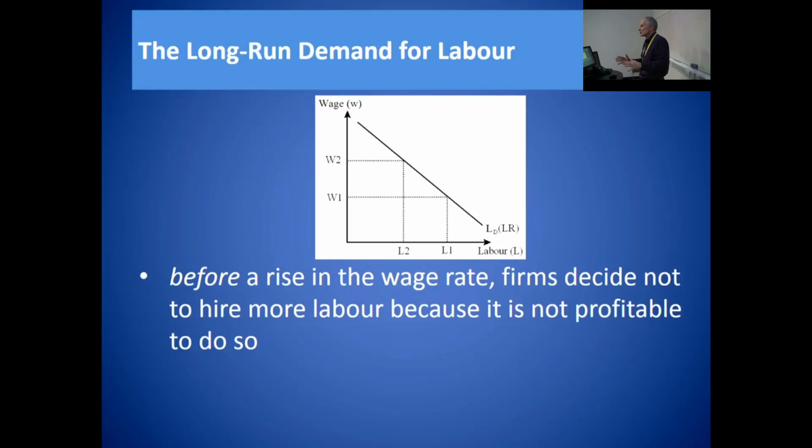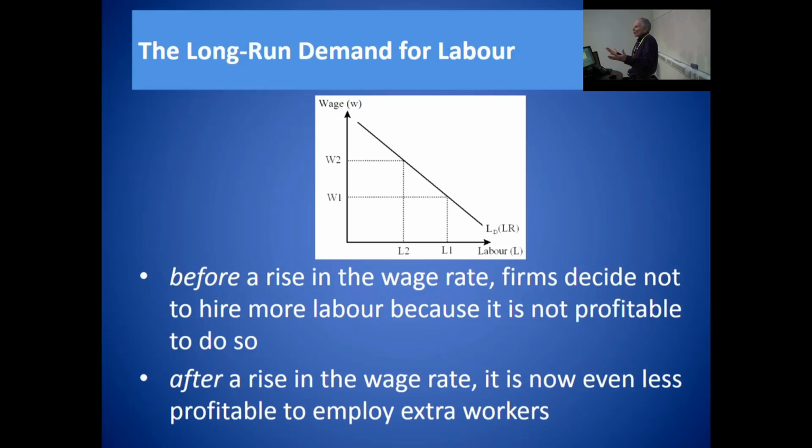All of those units of labour a firm could have employed before, but chose not to because it wasn't profitable, well, now that the price of labour has increased, it is even less profitable. So if a firm didn't employ them before the price went up, it absolutely won't employ those units of labour after the price has gone up.